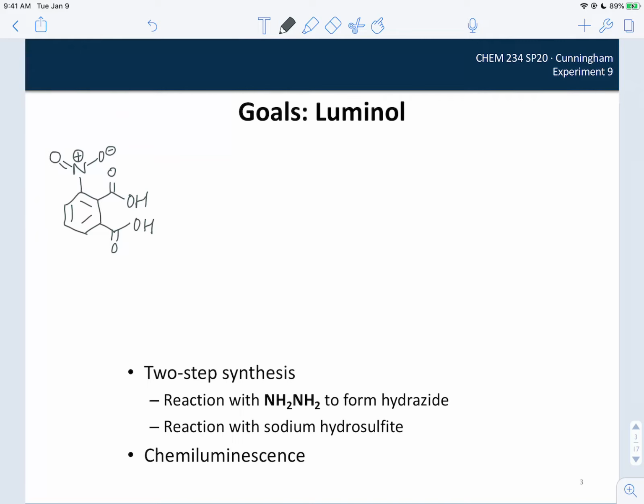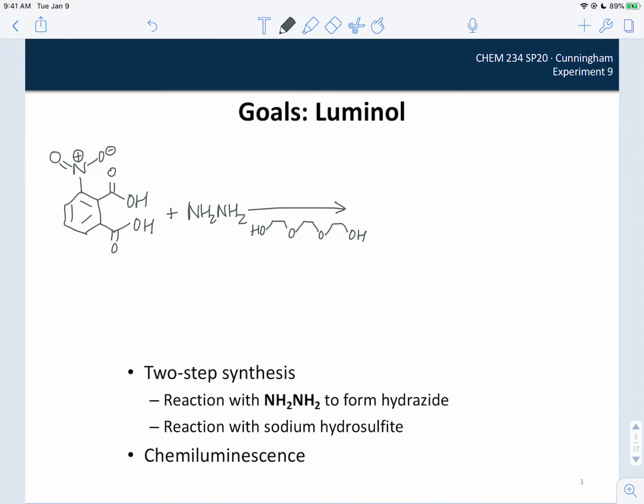We're going to mix this with hydrazine. And we're going to use a solvent that is called triethylene glycol. So the structure for triethylene glycol is right here.